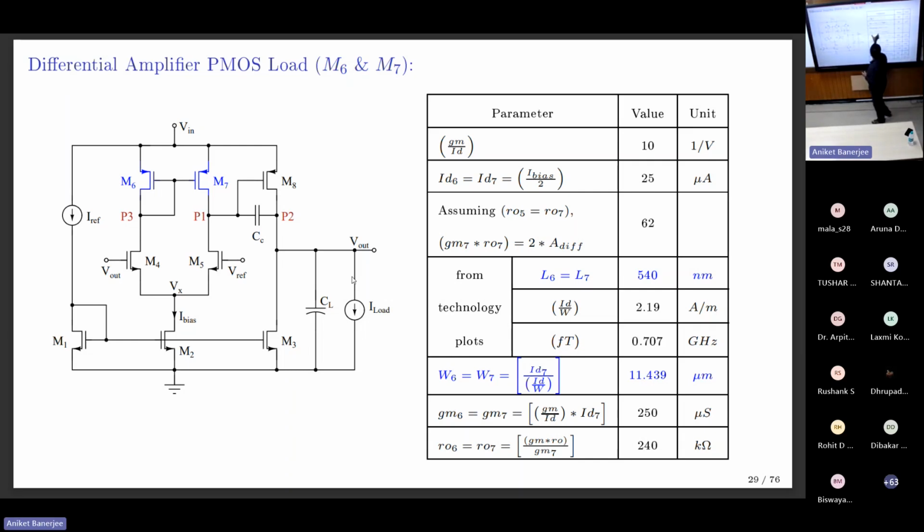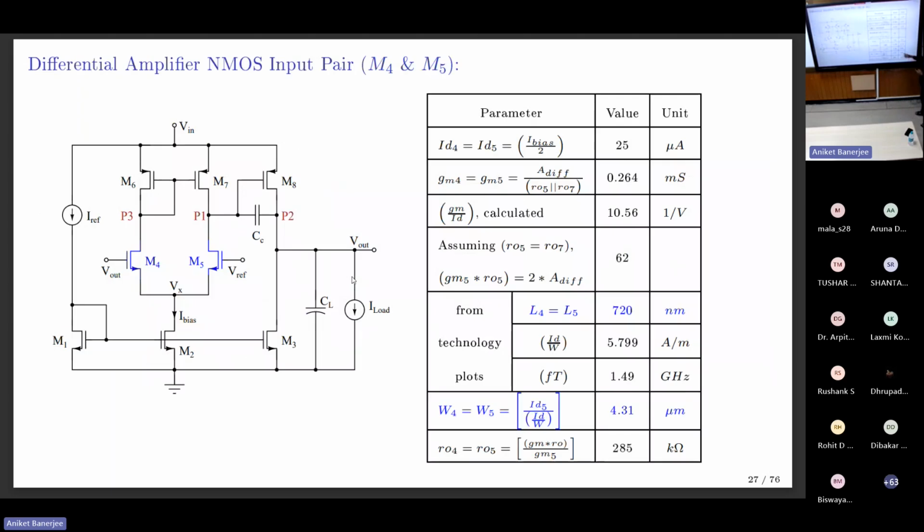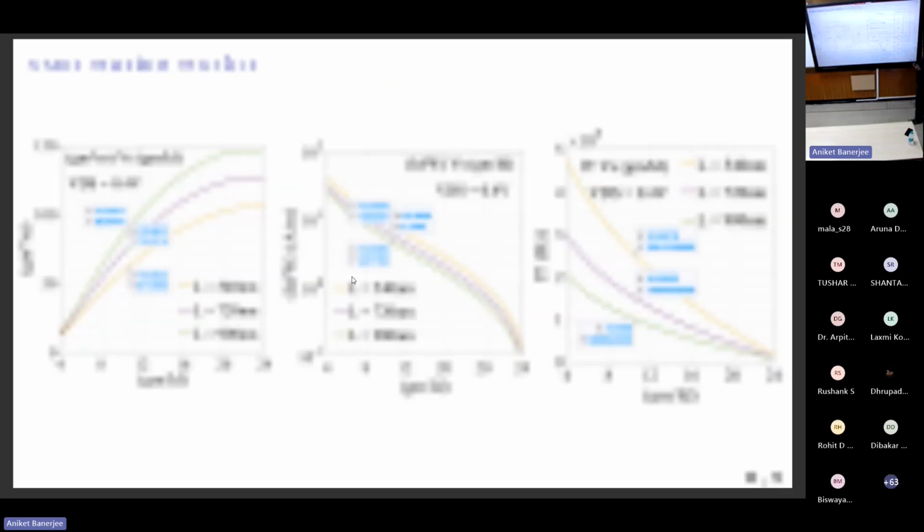The intrinsic gain is also kind of known because we have assumed RO5 equal to RO7. In this case, RO5 equal to RO7 leads to this GM RO of 62, right? RO of the NMOSFET should be 285 kilo ohm.